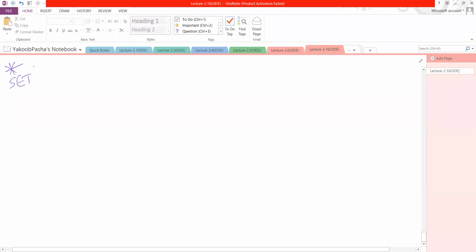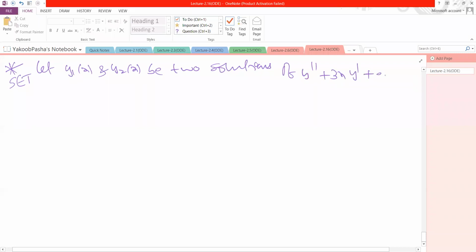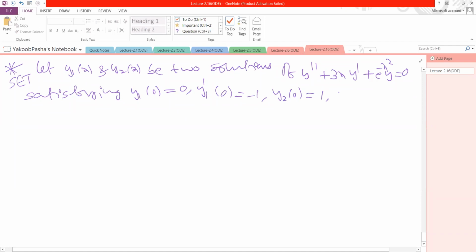This is a set question. Let y1 of x and y2 of x be two solutions of y double dash plus 3x² into y dash plus e to the power of minus x² into y is equal to 0, satisfying y1 of 0 equal to 0, y1 dash of 0 is equal to -1, y2 of 0 is equal to 1, y2 dash of 0 is equal to -1.